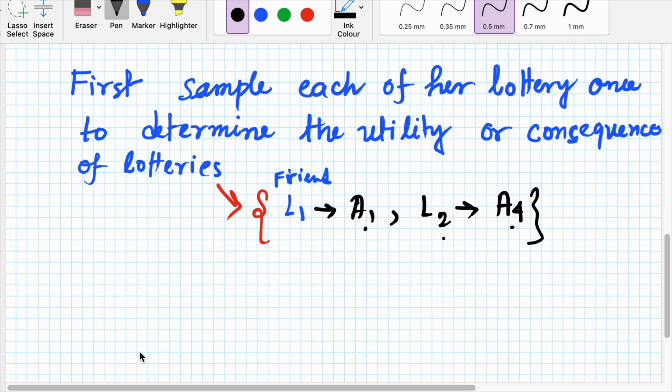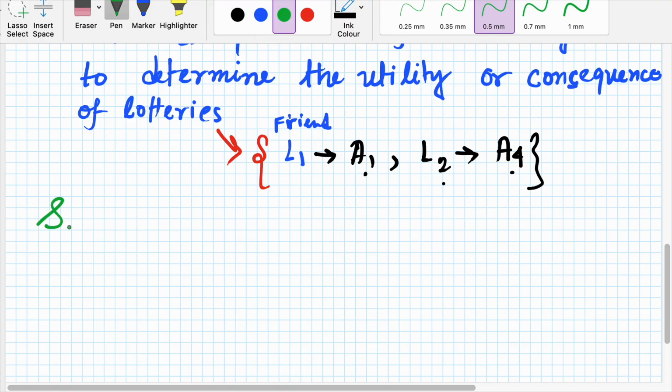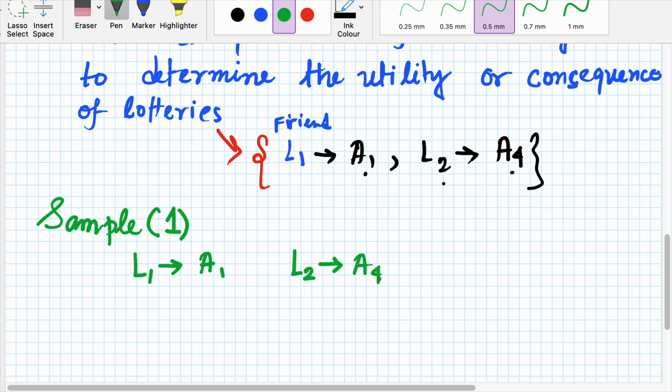this one sample. And if she samples the lotteries independently, then she might also find, and here I am using sampling 1, that when she samples each lottery independently, when she samples L1, she realizes that for that sample, L1 is going to give her A1, and L2, for that particular sample, is going to give her A4.